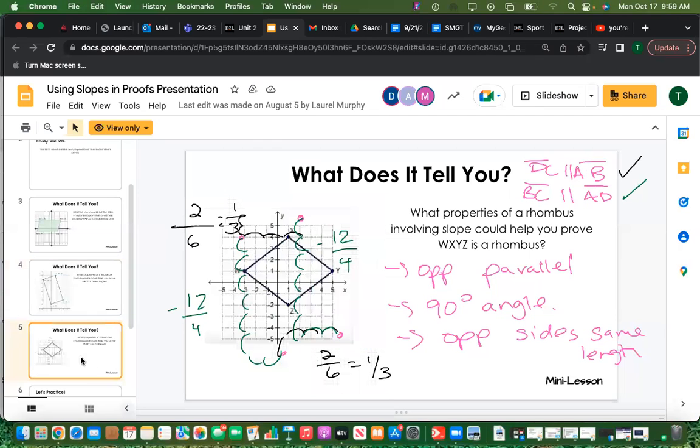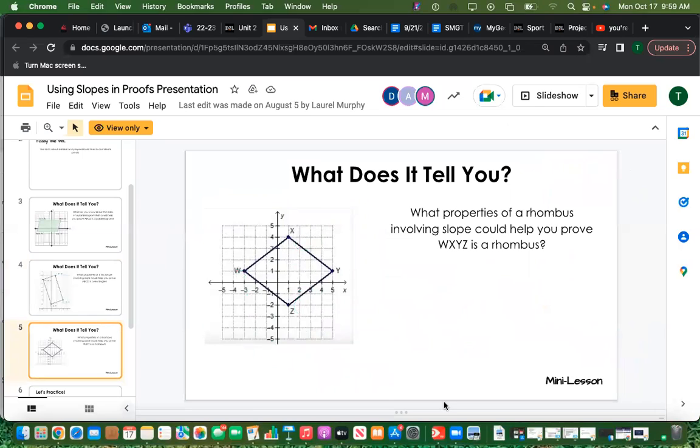All right. I'm not going to bore you with this, but here's a rhombus. If you didn't know what a rhombus actually looks like. It kind of looks like a kite. It kind of looks like a diamond.